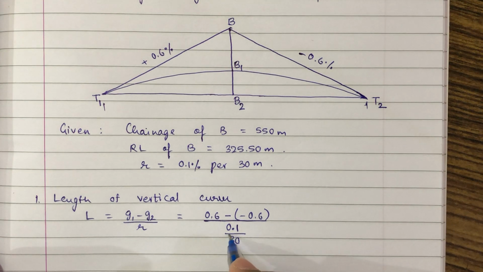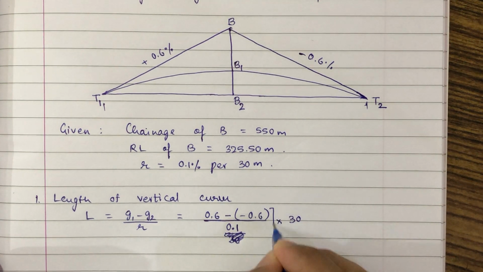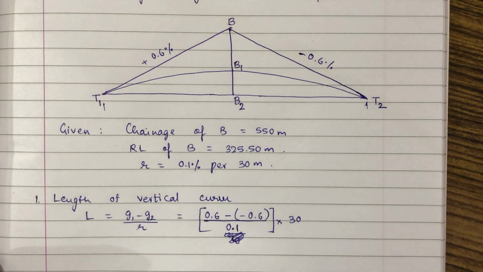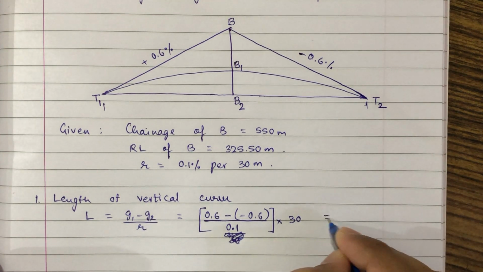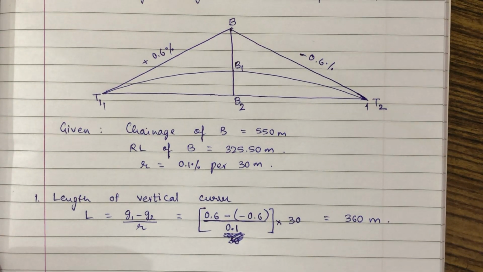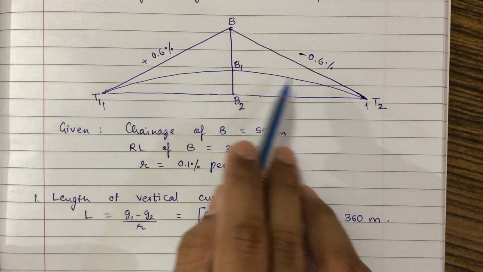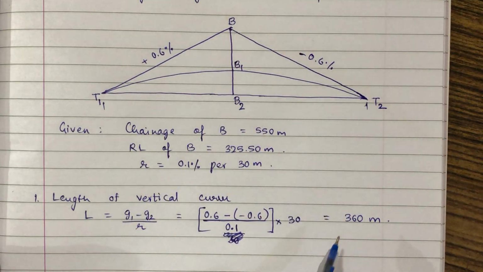So this can also be written as 0.1 by 100 into 30. On calculating this value, the length of vertical curve, capital L, from T1, B1, T2, comes out to 360 meters.